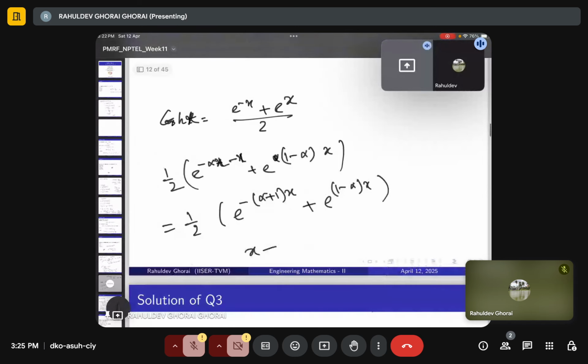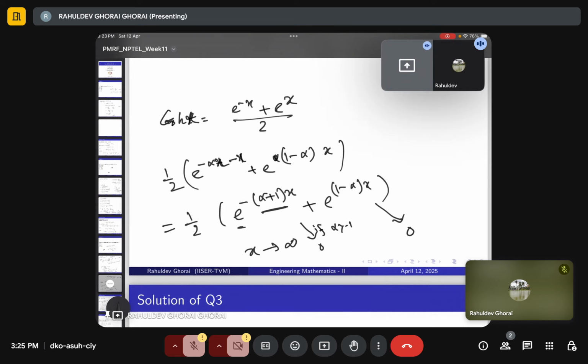As x tends to infinity, how will this be? This one will converge to 0 if alpha plus 1 is greater than 0, alpha is greater than minus 1.